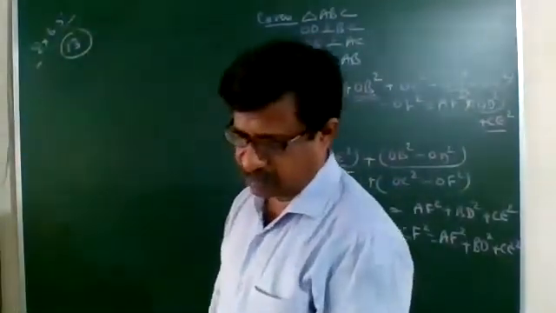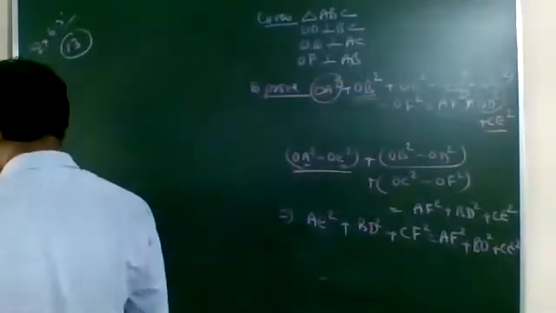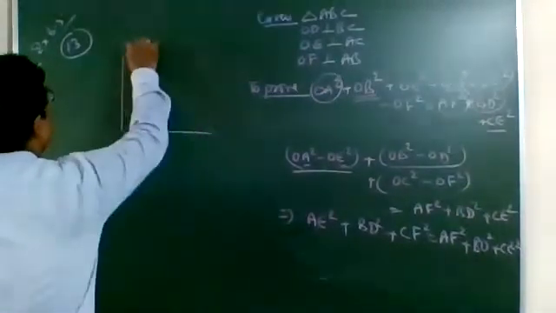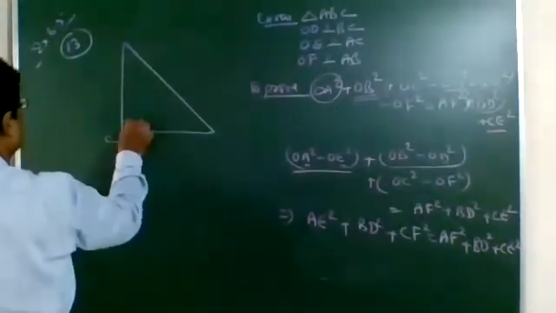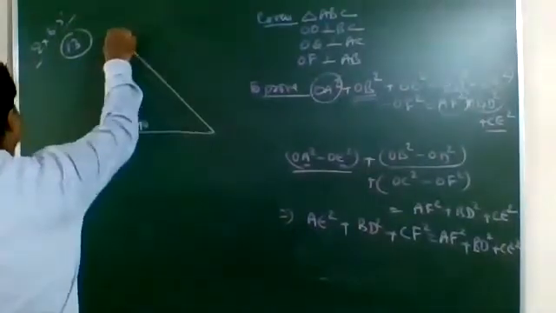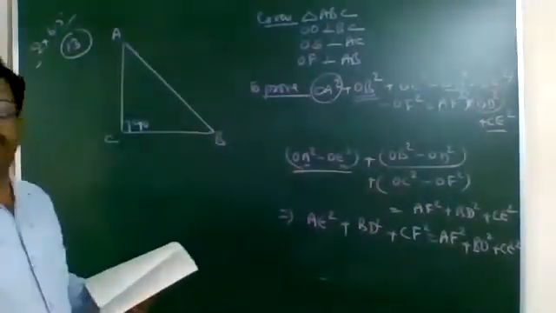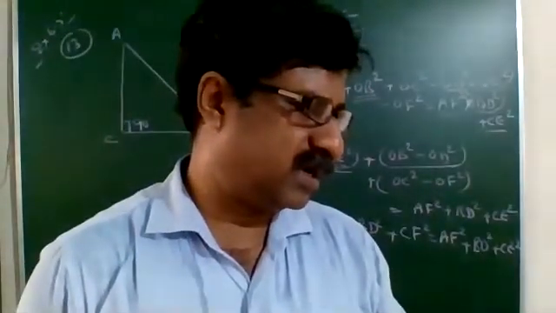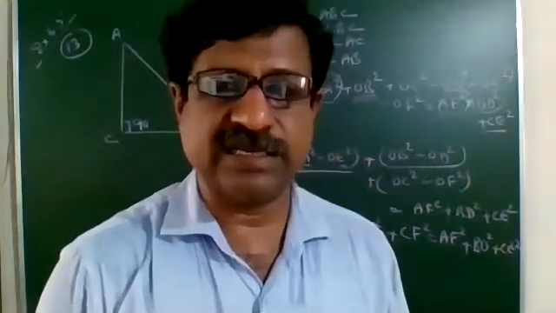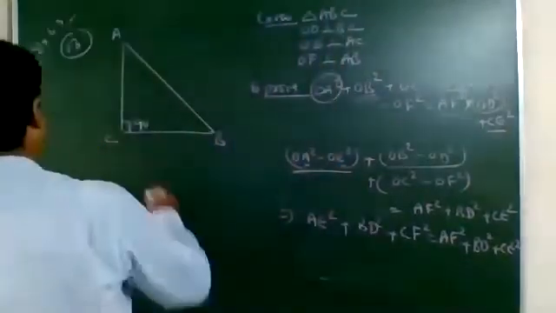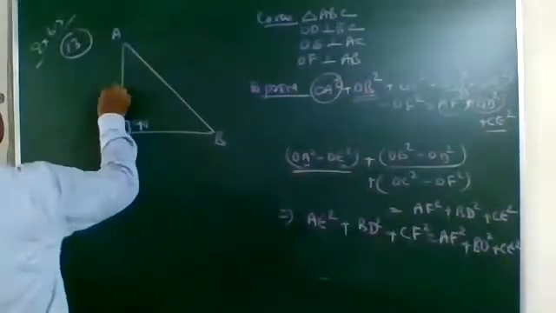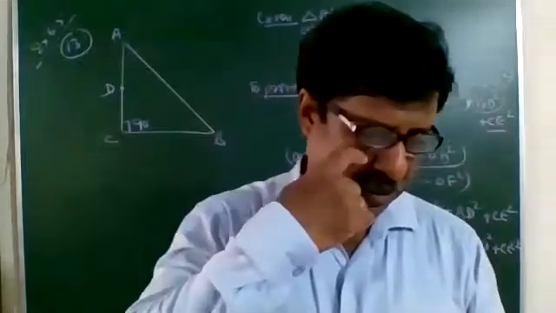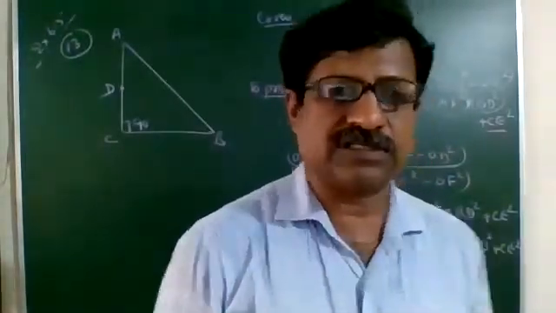D and E are points on the sides CA and CB respectively of a triangle ABC, right angled at C. We got a triangle which is right angle at C. Right angle at C means E and B we can take anywhere. D is any point on CA, not just taken as a midpoint, and E is a point on CB.